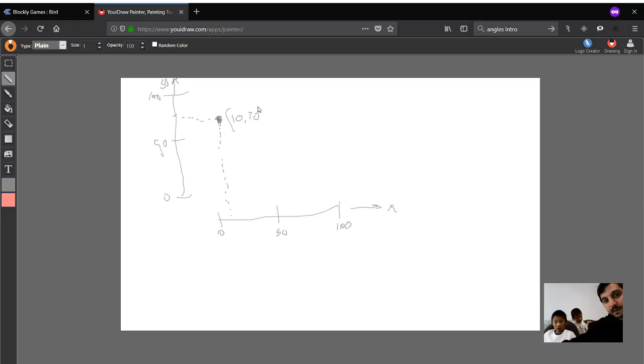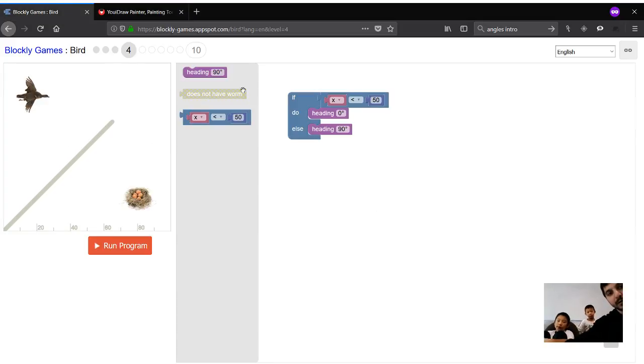What that means is that in 2 dimensions, the x dimension and the y dimension, this point is located at 10 for the horizontal line, and then at 70 for the vertical line. So what we care about in our bird example is actually its horizontal location, not its vertical location.